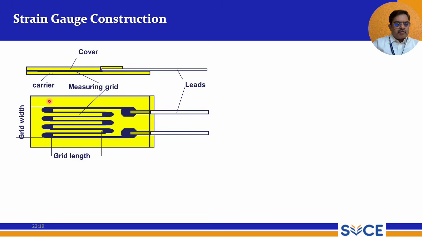So these are the four carriers shown here, and this is nothing but the grid, and we can measure the grid width in this vertical direction, and horizontally we can measure the grid length, and the leads are mounted on the foil backing material, and this is known as the carrier, and it is covered properly, and there should not be any external resistances or external disturbances acting on this resistance material.